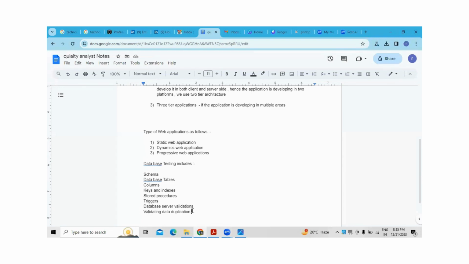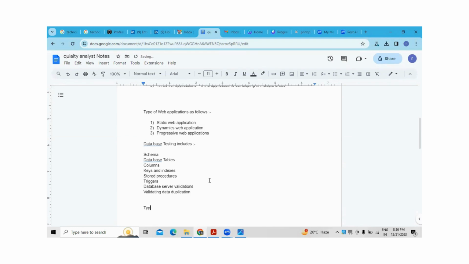Next, we need to know about the stored procedures we are using. We must also know about the triggers and what trigger points are used for. Then database server validations, and validating data duplications. All these points have to be included if you want to do database testing.